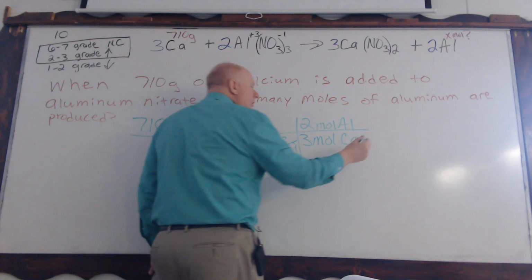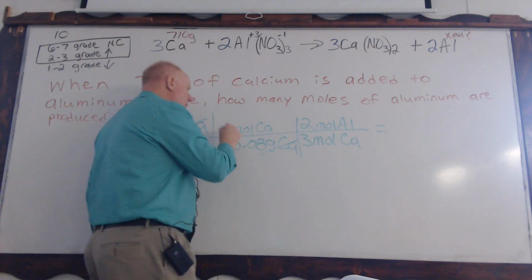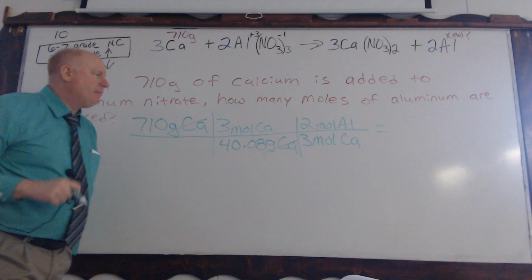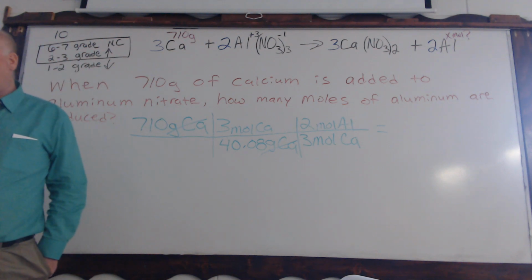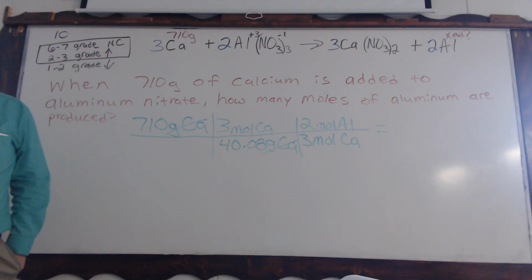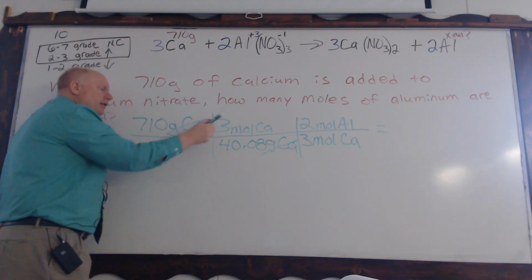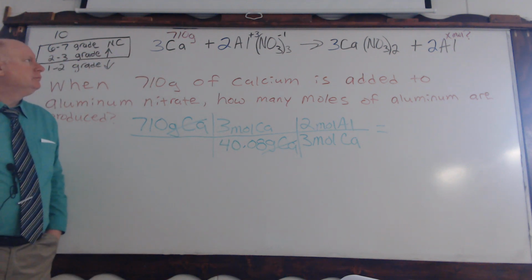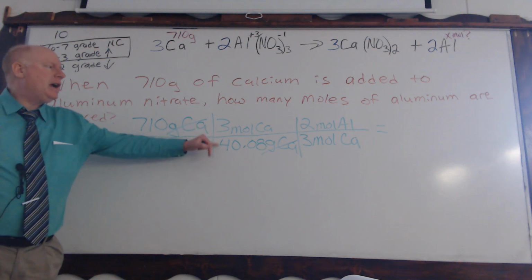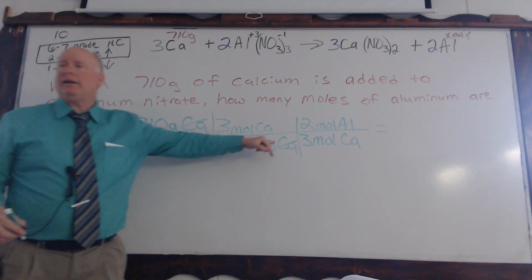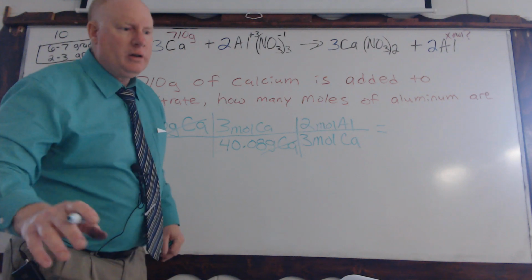Now, don't do that. That might be a common mistake. We still see that from time to time. Why may someone believe they need to put a 3 here? But this is not a mole to mole ratio. Correct. This is. Okay.